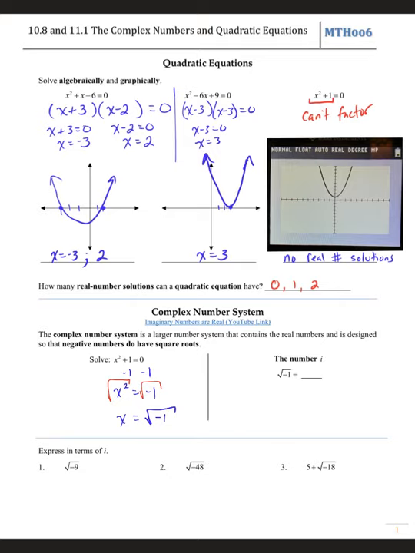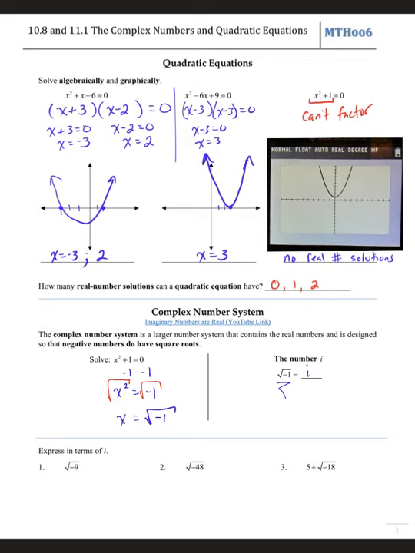So now we're going to talk about the number i, which is represented by the square root of negative 1. The definition is that the square root of negative 1 is in fact equal to the number i. That's how we're going to simplify a negative under the square root. Looking at the next one, we want to express it in terms of i.